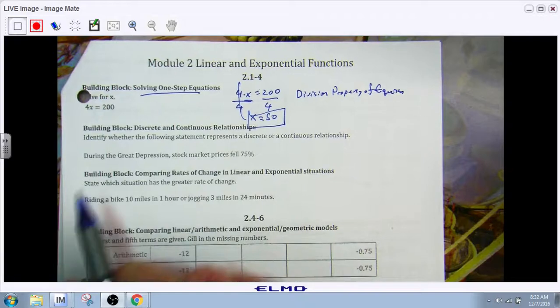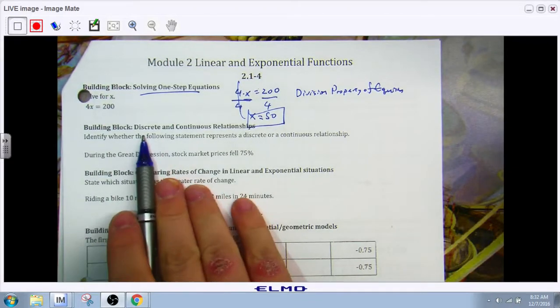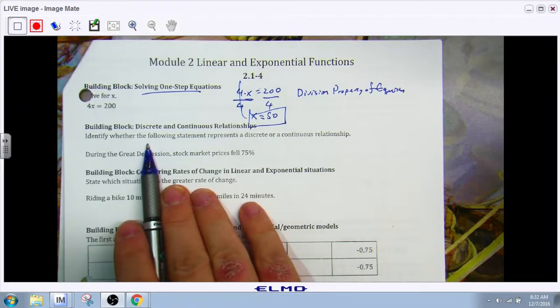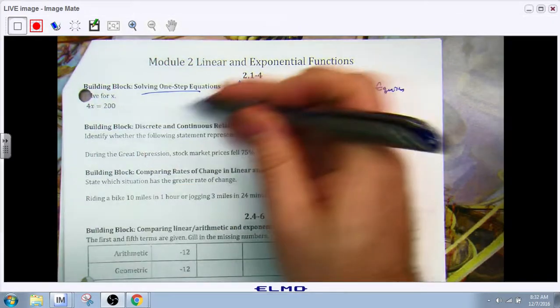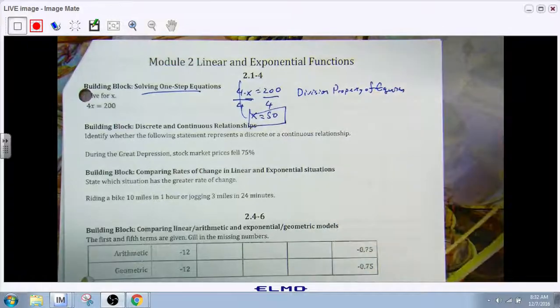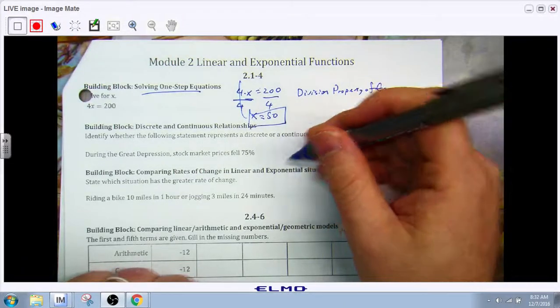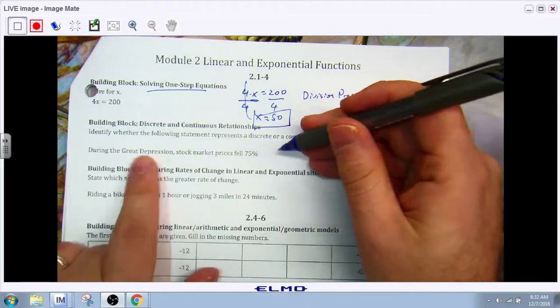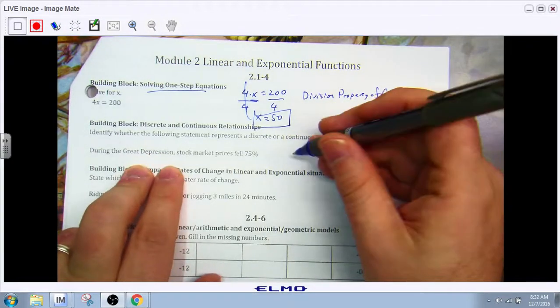All right, next. Discrete and continuous relationships. Identify whether the following statement represents a discrete or continuous relationship. The Great Depression, stock markets fell 75%. So you got to think about what the stock market is. The stock market rises and falls all the time. The Great Depression was an event. It didn't happen in a single day.